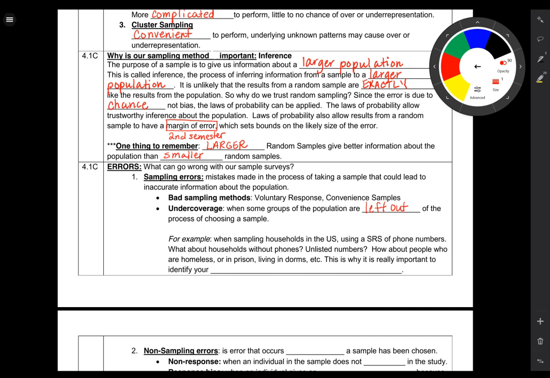Or how about people who are homeless or in prison or living in dorms? This is why it is really important to identify your population of interest. This is not done deliberately, just not thought through, but it will affect your results.